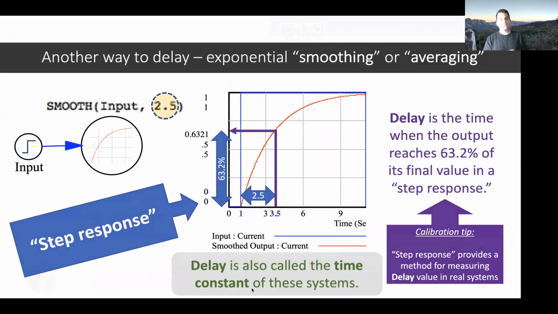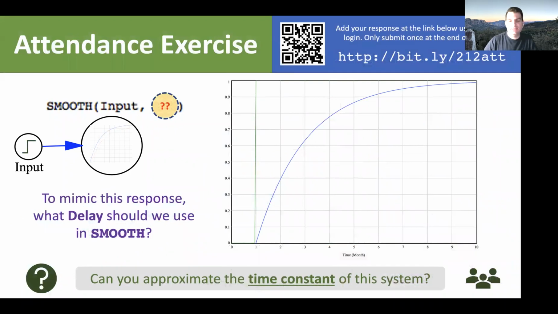All right, here's another attendance exercise that gives you an opportunity to practice that. The question is: what is the appropriate time constant or delay parameter for the example on slide 60?